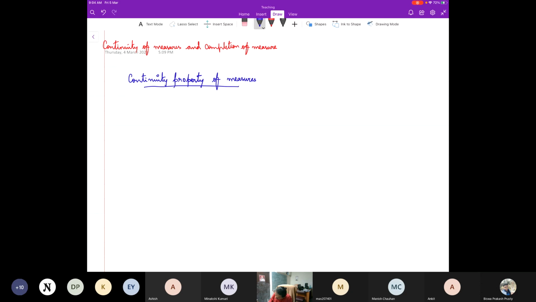Fine. The first result that we saw is that if A_n is an increasing sequence, and if it increases to the union over n in N of A_n, this implies mu of A_n converges to mu of the union, right?